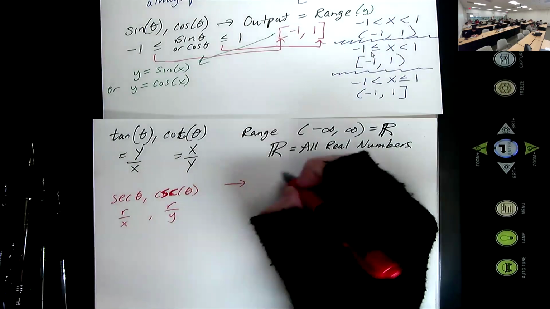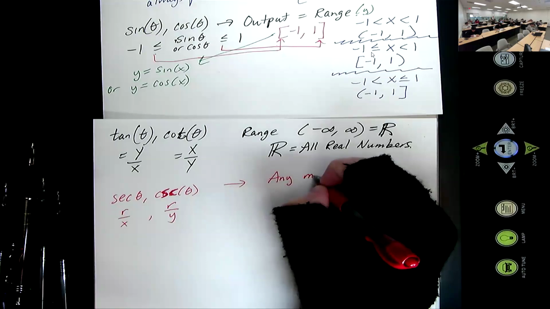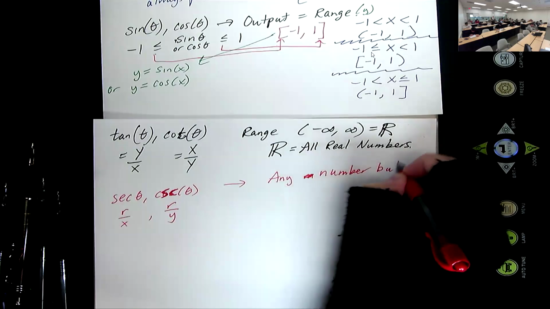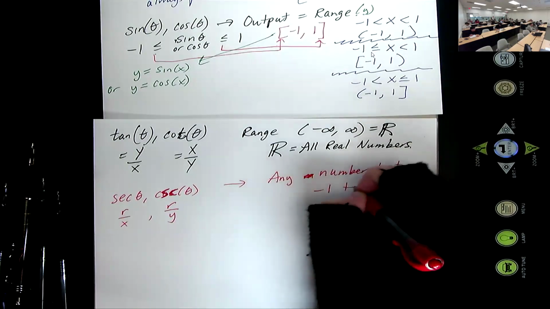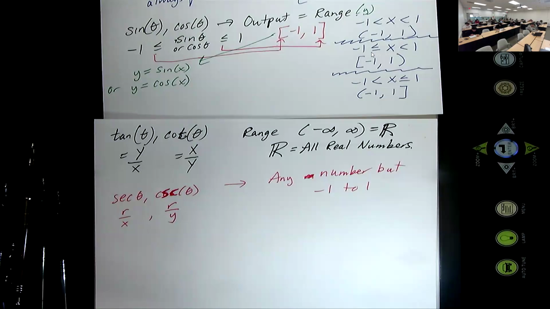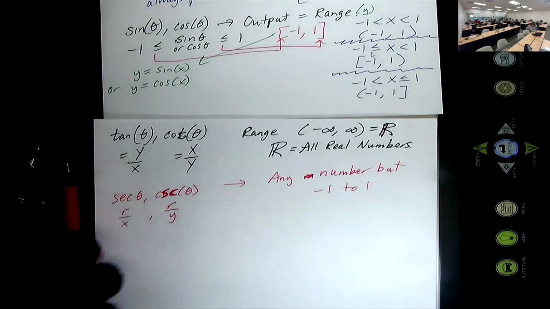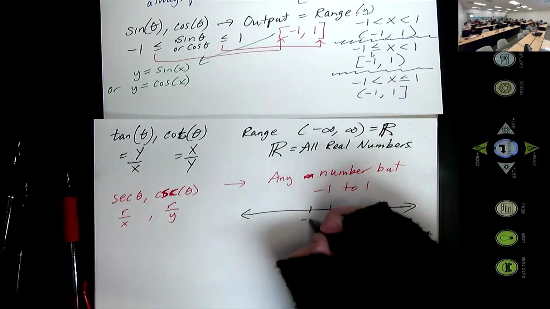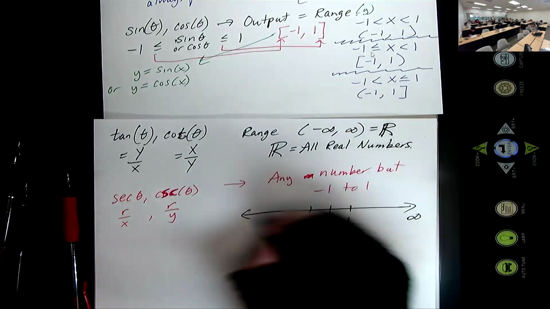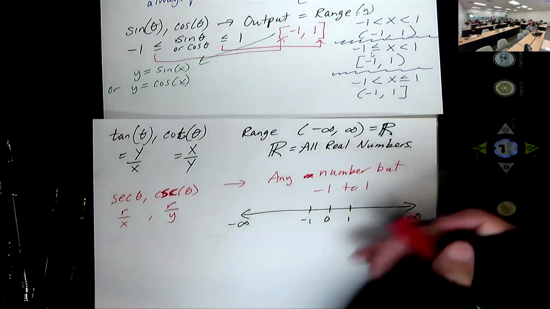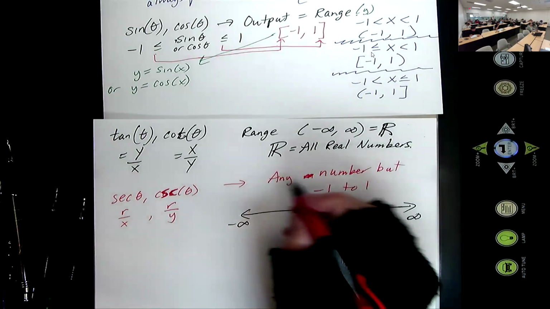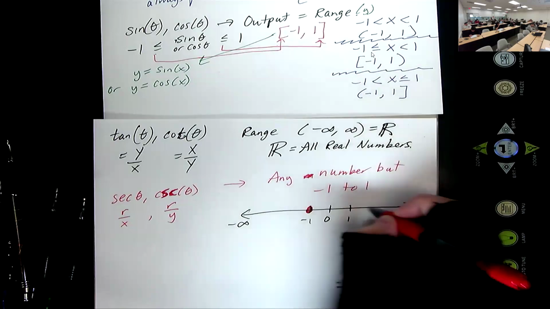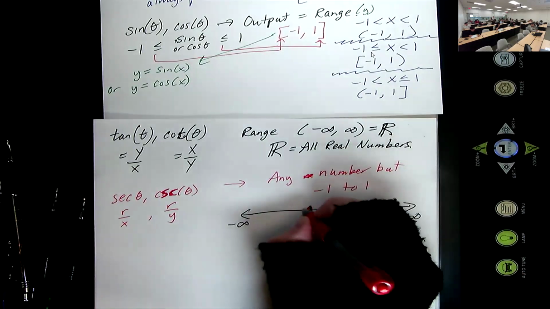These can actually be any number but -1 to 1. The way we show that is like we looked at on a number line. It can actually equal -1, so I'm gonna put a little solid point there, and it can equal +1. It just can't equal anything in the middle.